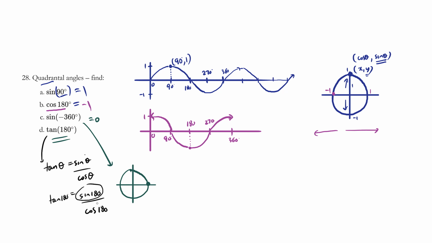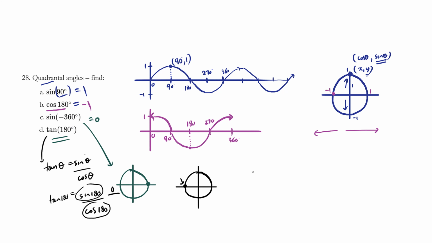And previously we learned how to do these. What's sine 180? We start at 0 on the right. We go 180 degrees counterclockwise. What's the y value? It's 0. So it's going to be 0 divided by, who cares? 0 divided by anything is generally 0.